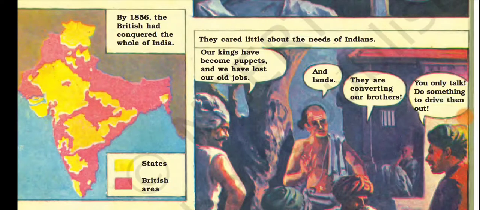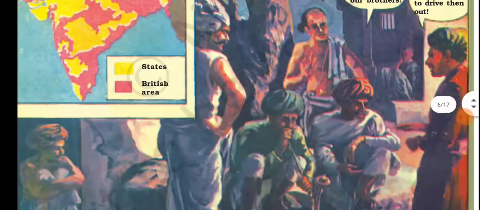They didn't care for the welfare of the Indians. The Indian kings had become puppets in the hands of the British, and the Indians lost their jobs and their lands were taken back. And the British were trying to convert the Hindus into Christians.